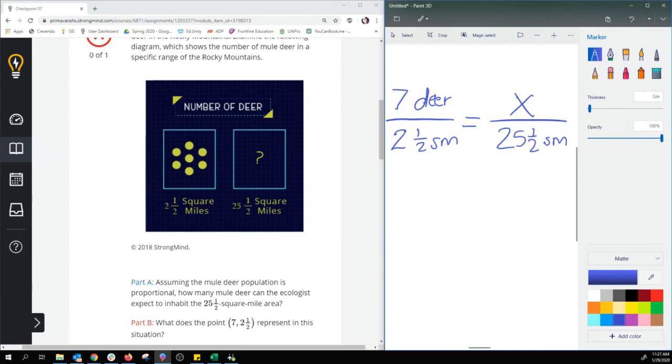Cross multiplication? Perfect. Awesome. So for cross multiplication, you multiply diagonally, right? So I'm going to do this 25.5 times 7.